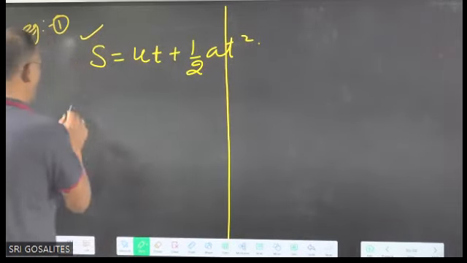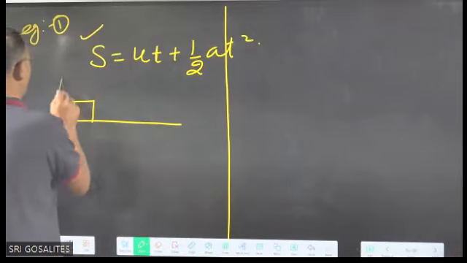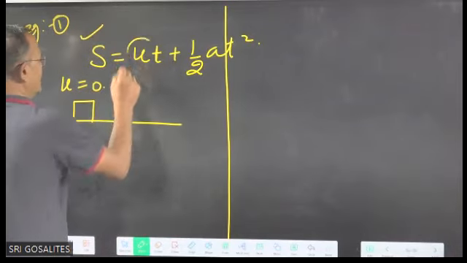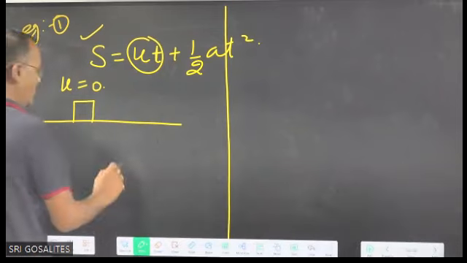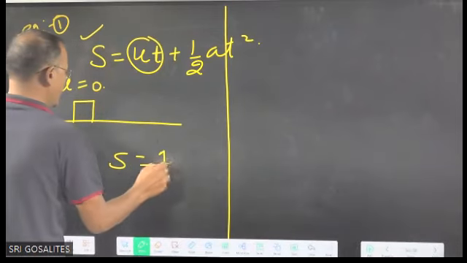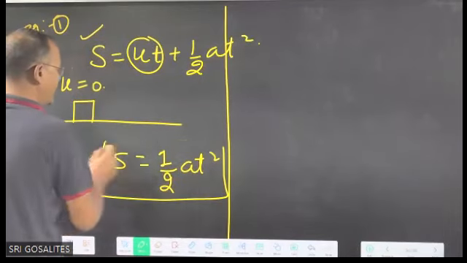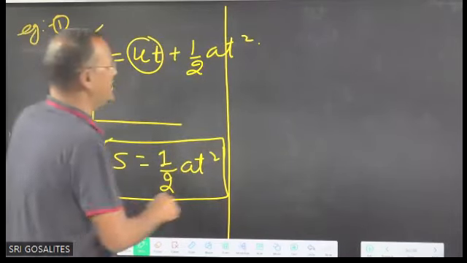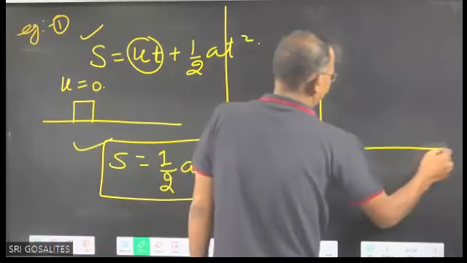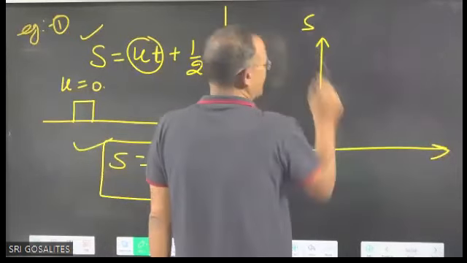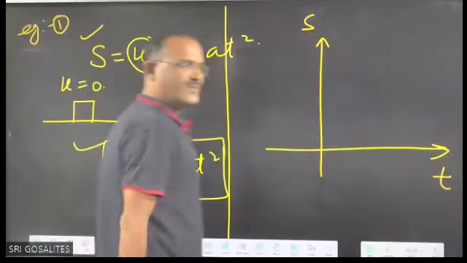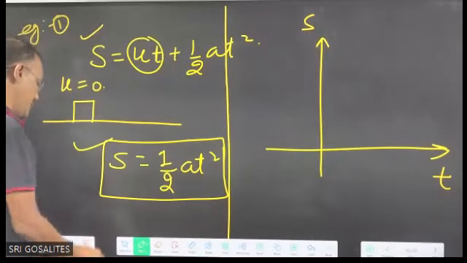Now suppose any object starts from rest. Rest means initial velocity is 0. Then how much distance will it cover in time t? Half a t square. I want to plot a graph. Here is S, suppose here is t. What is the graph between them?